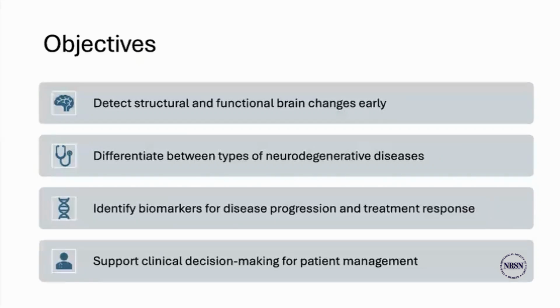We also aim to identify imaging biomarkers that can be used to monitor disease progression or assess response to treatment. And this is particularly important as more targeted therapies become available. Ultimately, the goal is to support clinicians in making informed decisions about the diagnosis, the prognosis, and the patient management, which in turn contributes to better outcomes and more personalized care for our patients.